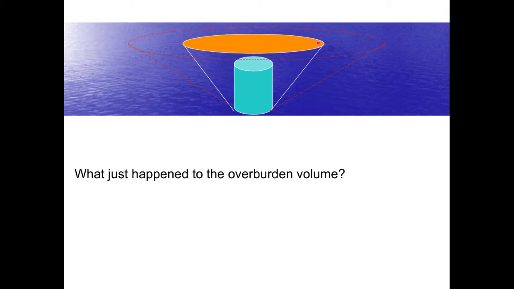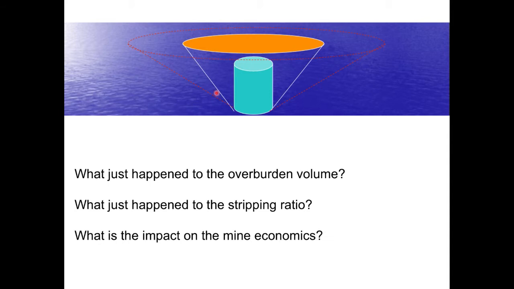And that has to do with rock strength. Something else to notice here, as the pit becomes larger, from that outlined by the white cone to the red cone, the stripping ratio just increased, which means the cost of mining just increased and the profitability decreased.